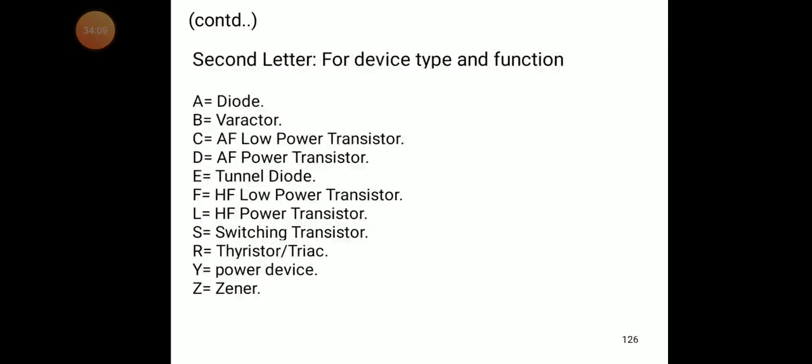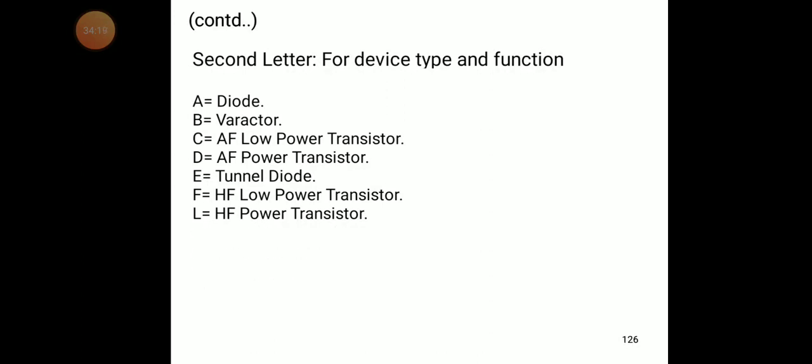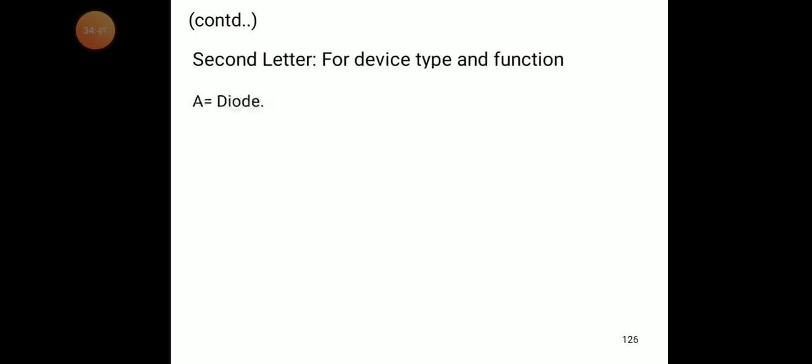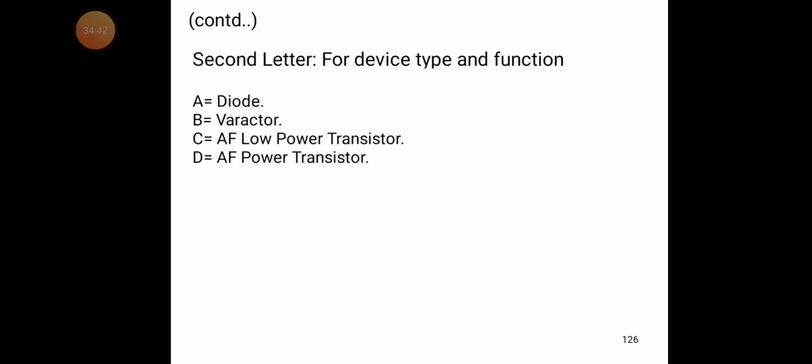So CF means AF low power transistor. That is a number. The first letter we have is the material: germanium, silicon, gallium arsenide and compound material. And next we have the second letter A. The numbers are there.